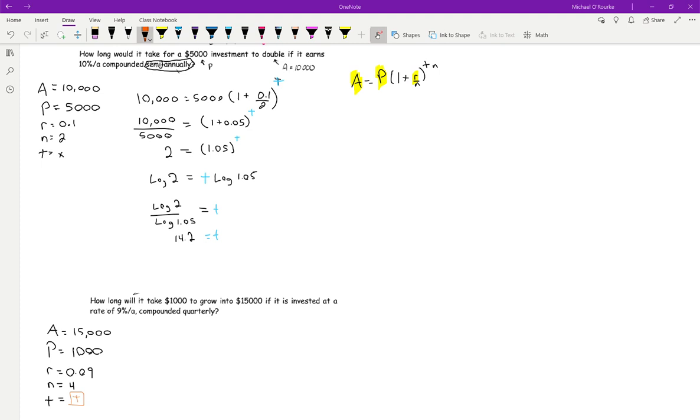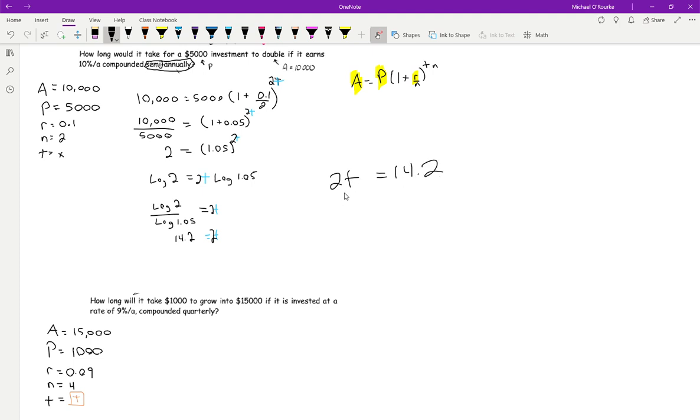Oh, shoot. I made a mistake on this one up here. Wait, pause for a second. Look up here. I made a mistake. So this was semi-annually, so that should have been 2. Up here, it should have been 2t. So we should have had 2t equals 14.2.